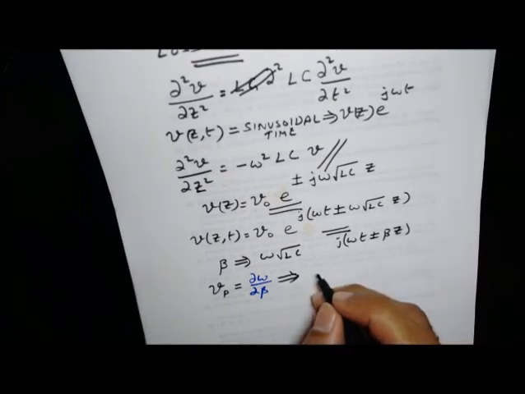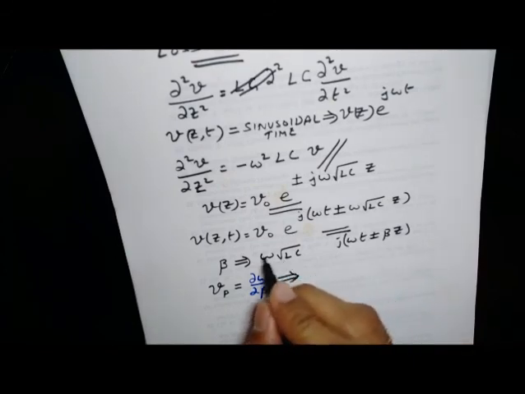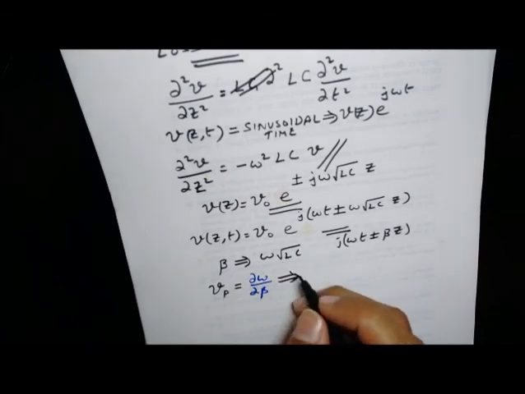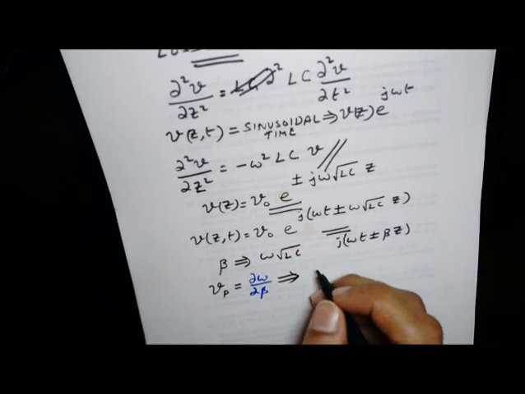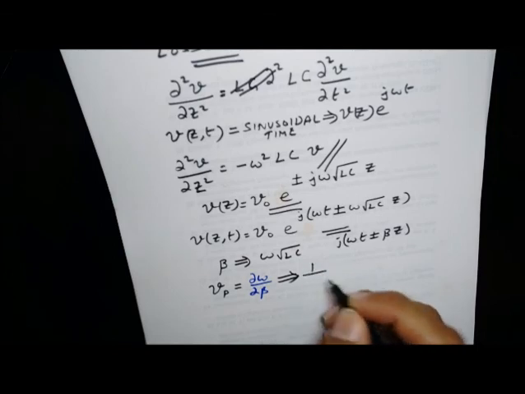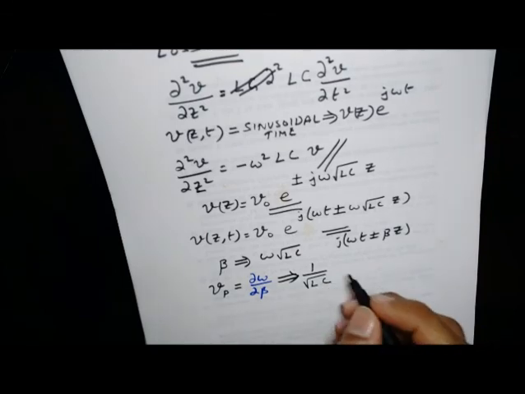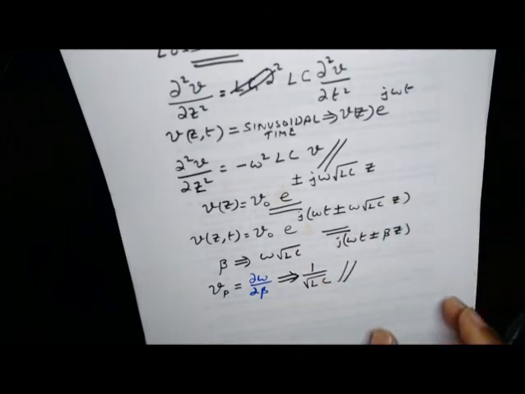In this case, because beta's role is played by omega root LC, the phase velocity is 1 by root LC. This is the phase velocity for transmission lines in a lossless condition.